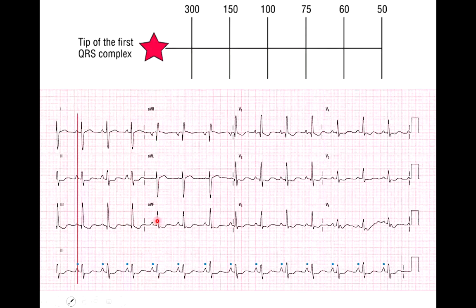And if we count over the dark lines, here this would be 300, 150, 100, 75. So it's somewhere between 100 and 75. And if you'll notice, it's a little bit closer to 75. So we might estimate this person's heart rate to be 80 beats per minute.